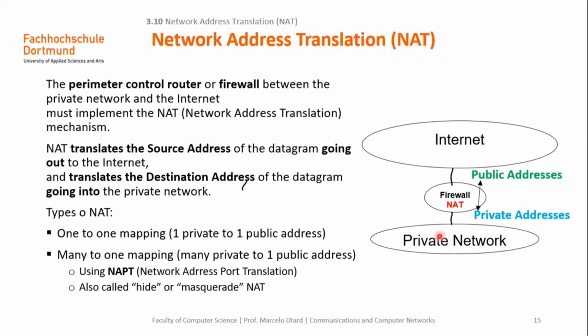In that case, it's very simple because always a datagram that goes out from that private address to the internet, the NAT translates the source address of the private address to the source address of the public address.